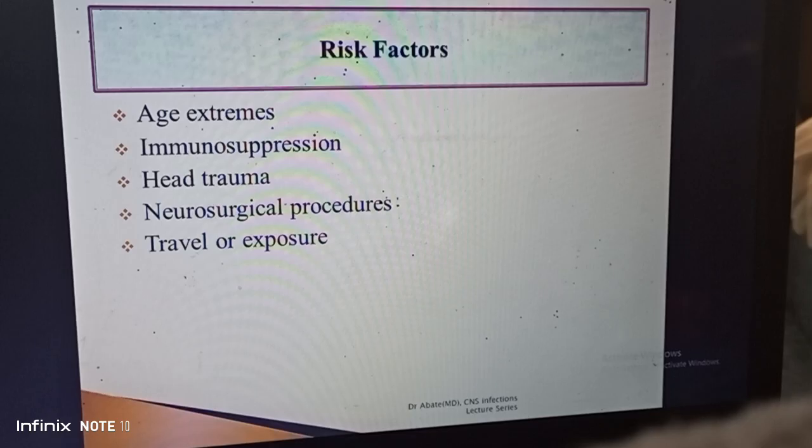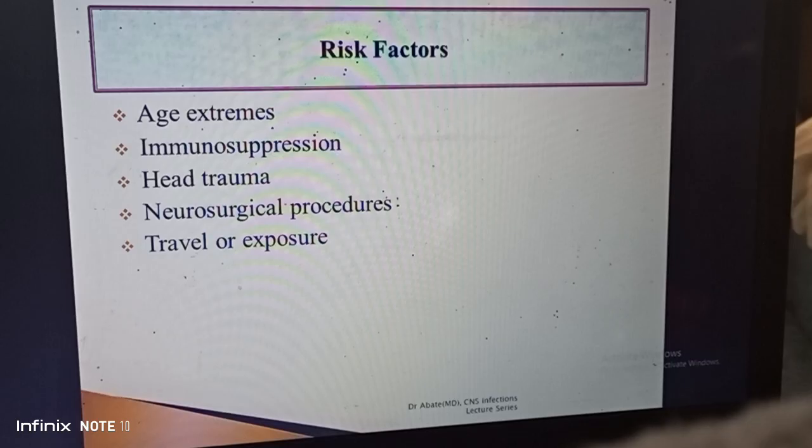And this is a risk factor. This is the final part of this part one lecture. So risk factors for being infected with etiologies that likely cause meningitis are age extremes. Age extremes means children or the pediatric age group, or old age.